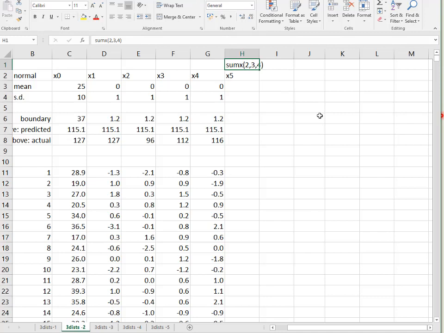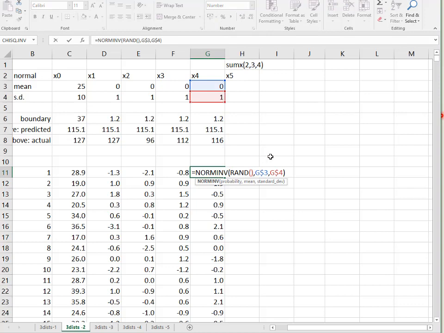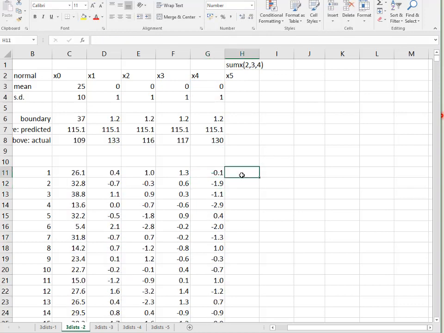So the next thing I'm going to do is make a new distribution. Instead of generating it like these are all generated, I'm going to make this distribution dependent on these.